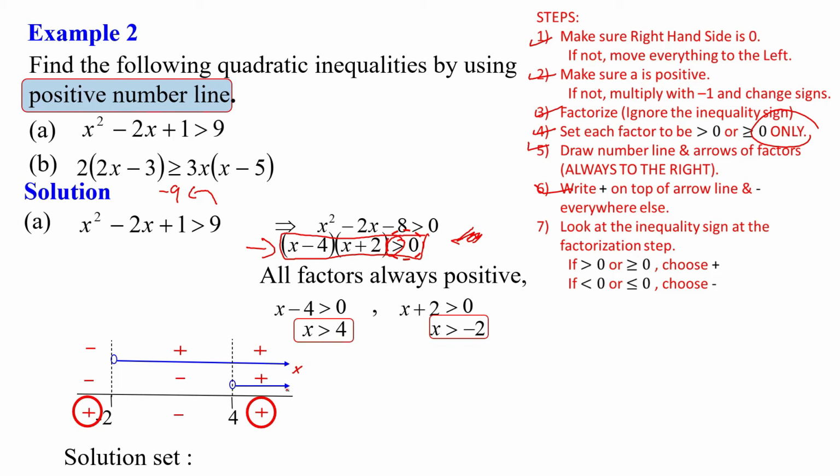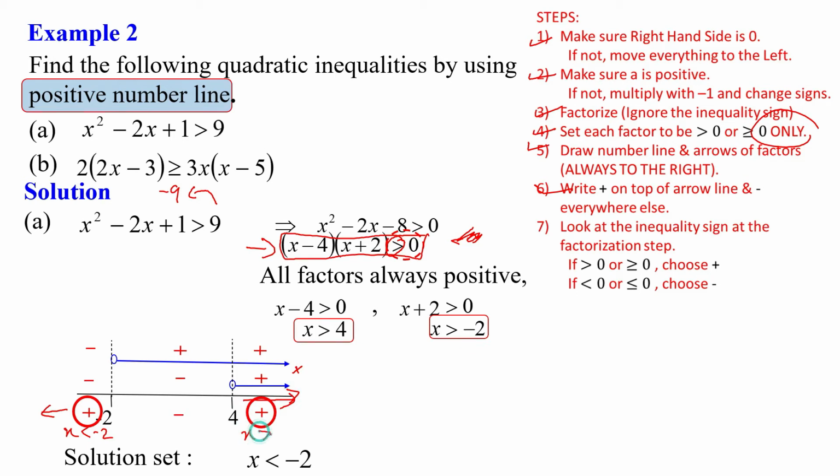And now, since this is a number line, write the answers accordingly. X less than negative 2, because the answer of positive means the region to the left. So x less than negative 2 here, and on this right side, this positive means the region going to the right of 4.